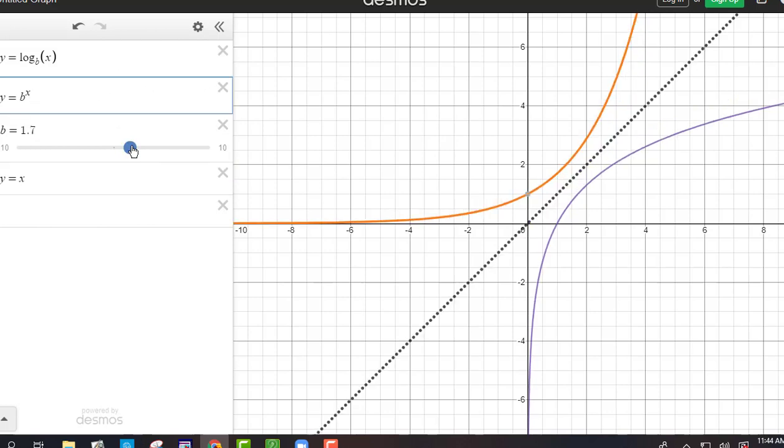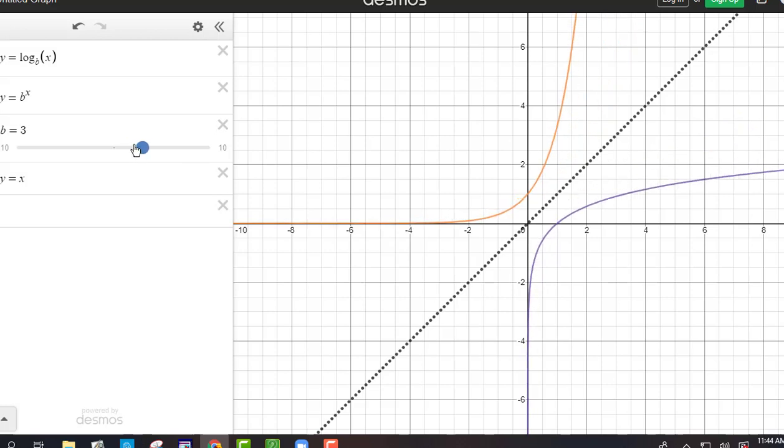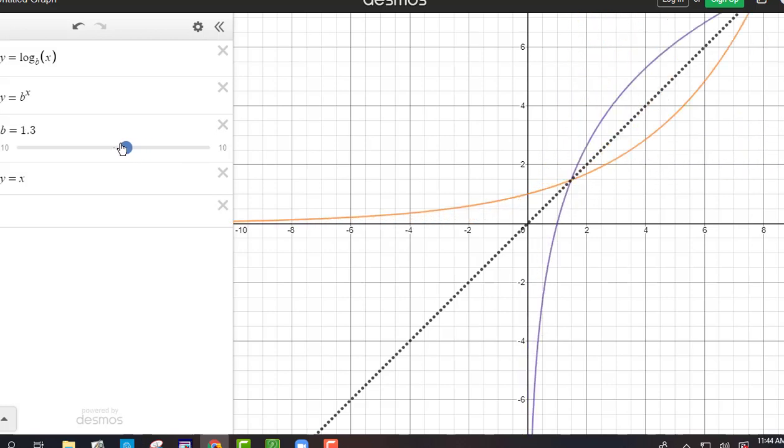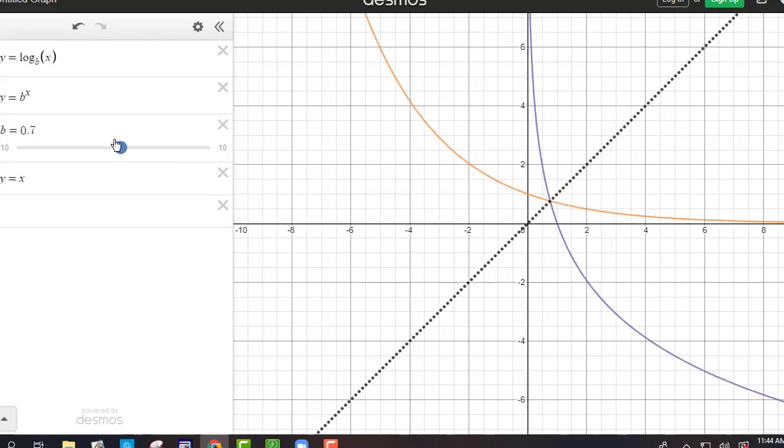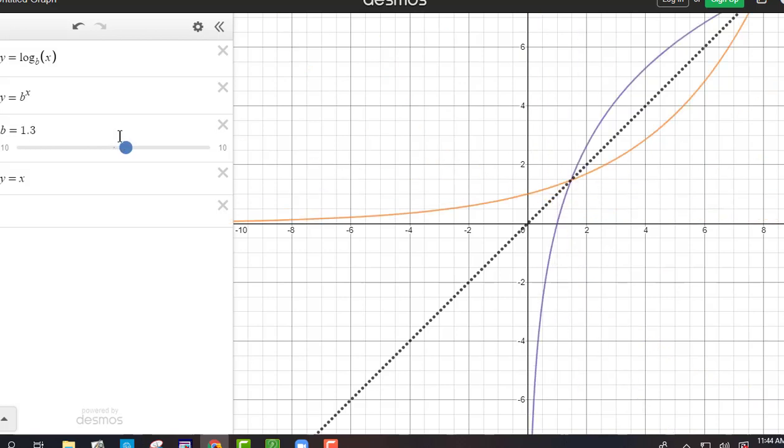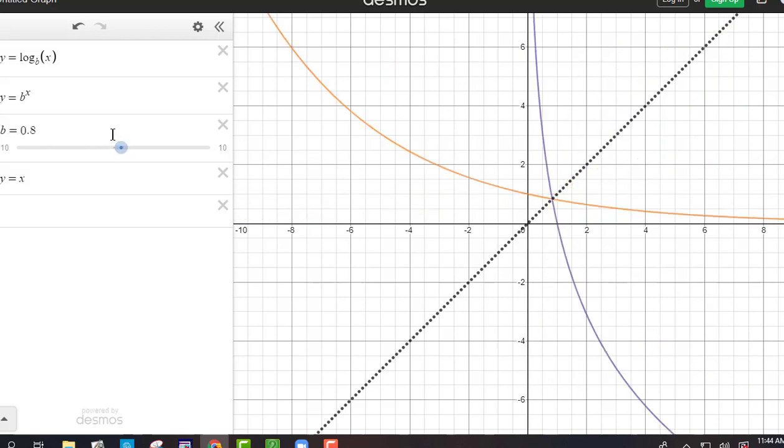So our logarithms, our purple, and our exponentials, our orange, are reflected over that line of symmetry. It doesn't matter where we are, we're still reflected. Sound good?